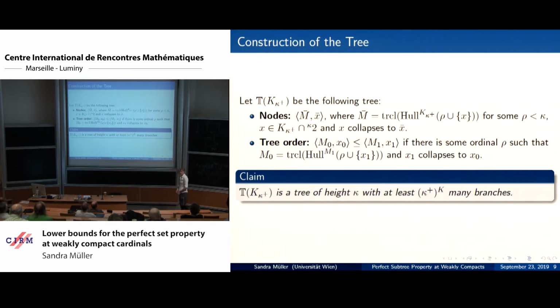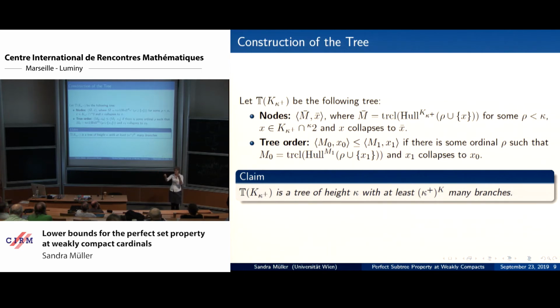The key point is maybe to see that this is actually branching. Because if you take X to be the empty set, then what we get is just a line. We can take hulls and we can throw in ordinals, but there's not much branching going on. There's exactly one option. So the role of X is that it allows us to split.